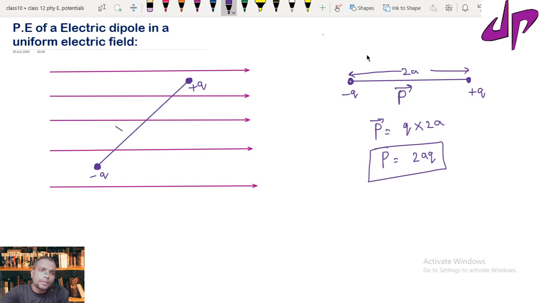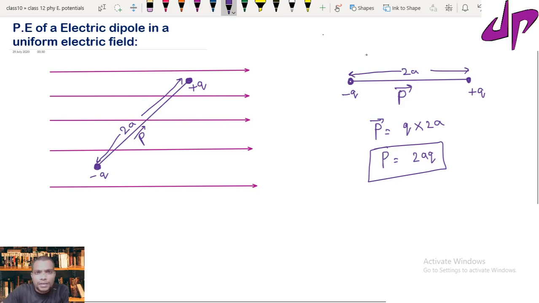This is the dipole length 2a, and the dipole moment direction is from the negative charge to the positive charge. Now this dipole is present in an electric field.